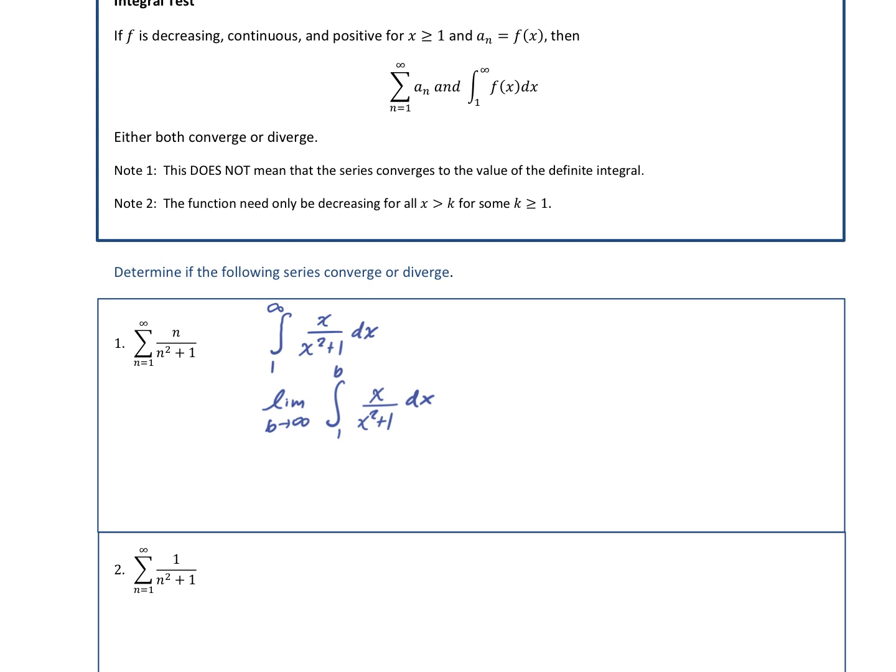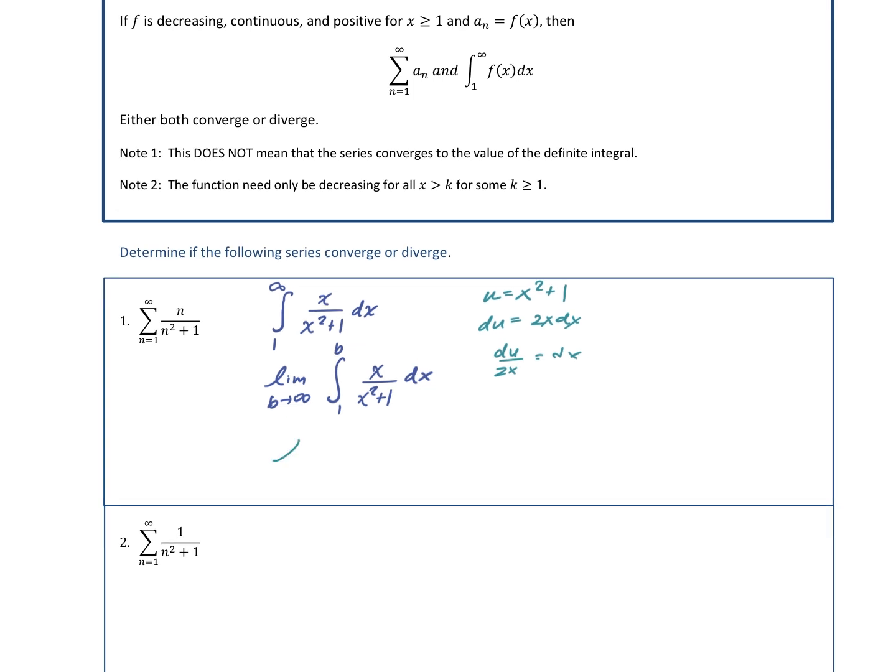We can do this as a u sub. If u is equal to x squared plus 1, du is 2x dx, so du over 2x is dx. So we've got the limit as b goes to infinity. The x stays, this becomes my u, and dx is du over 2x.